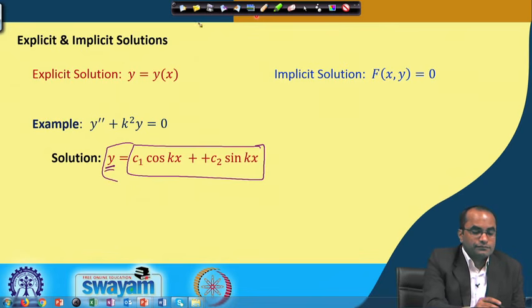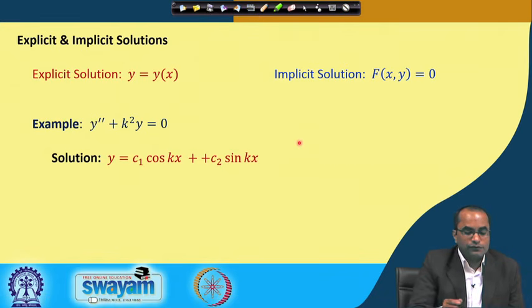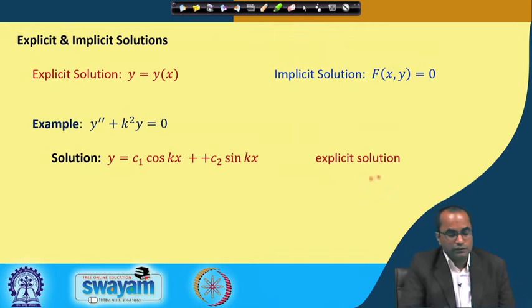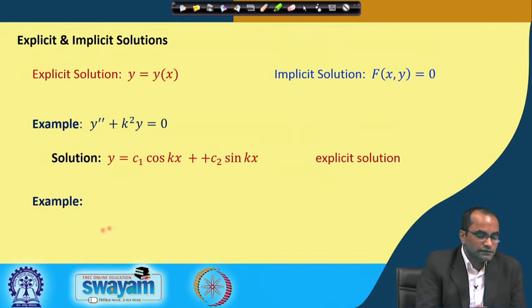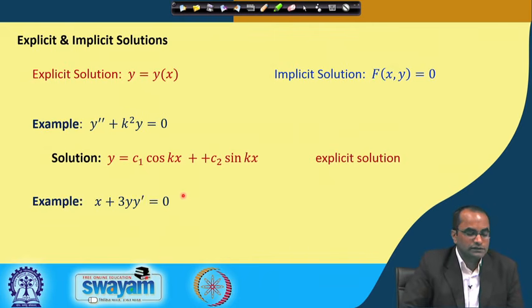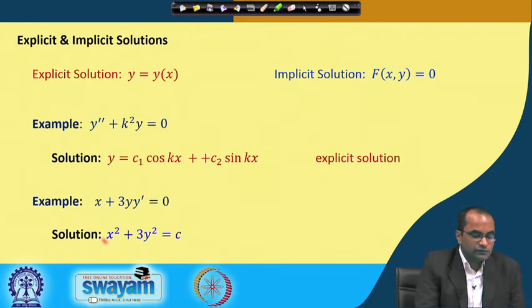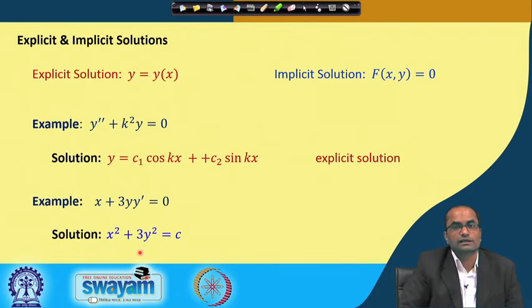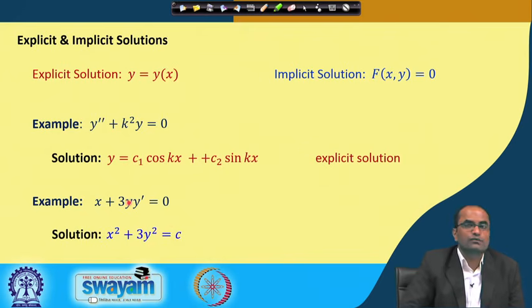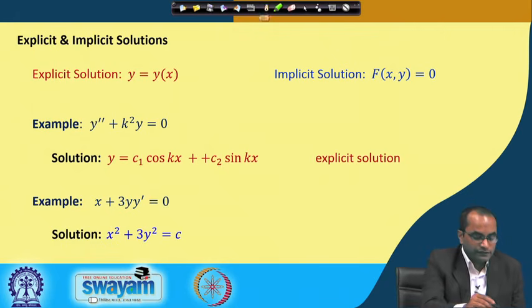And now, for the implicit solution, so this is the explicit solution, and there is another example where x plus 3 y y prime is equal to 0 is given, a first order differential equation. And in this case, what we observe is that x square plus 3 y square is equal to a constant. This satisfies this differential equation. So, if it satisfies the differential equation, then this is a solution, which we can easily see.